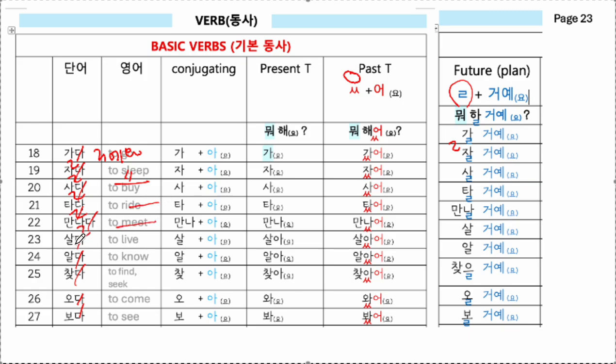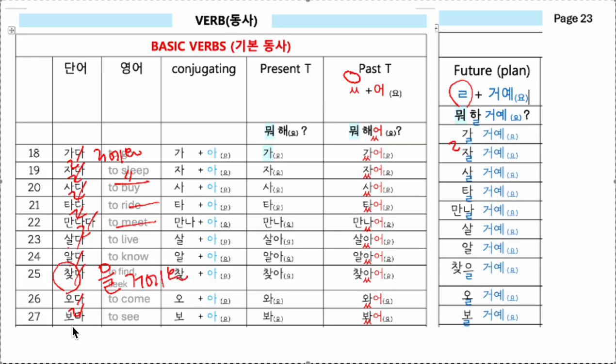만날 거예요. Well, 살 already has a 리을, so you don't have to put another 를. So it's 살 거예요. 알 거예요. Now this one is different. It already has a 받침, but it's not 을. So you have to actually write 찾을 거예요. You have to actually add 을.